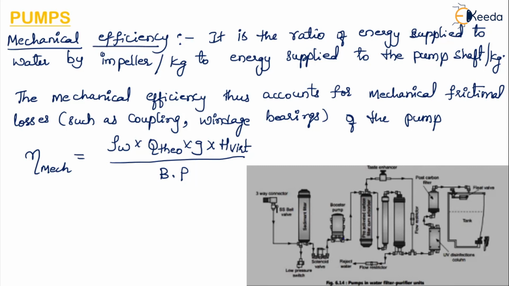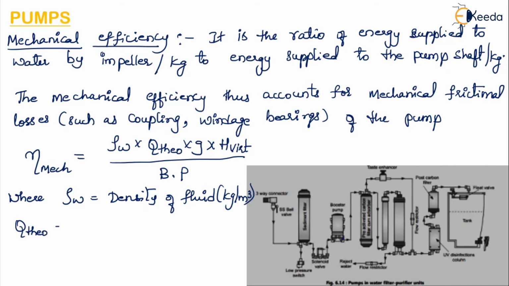Where rho is the density of fluid, that is kg per meter cube, then Q theoretical is theoretical flow rate of discharge.